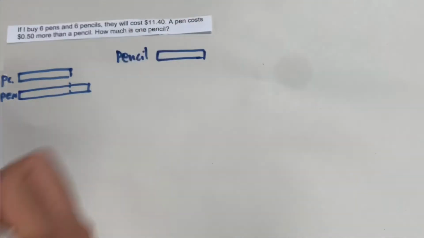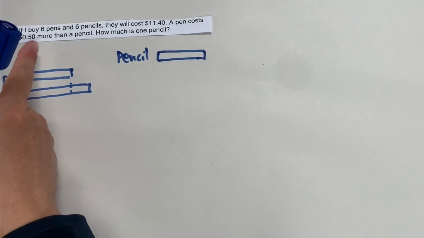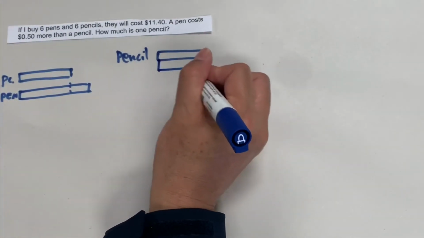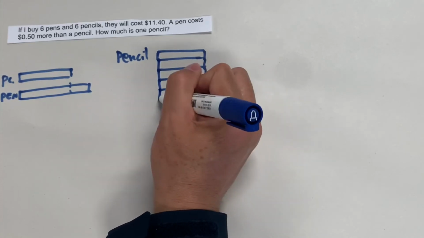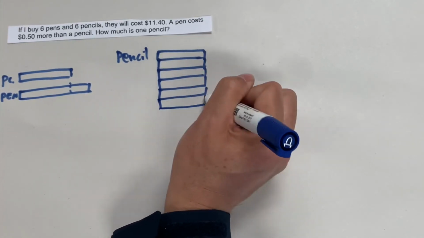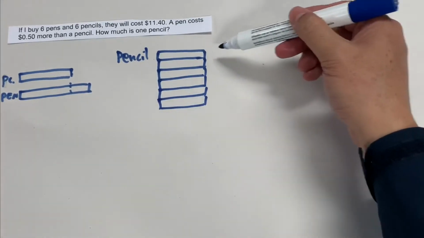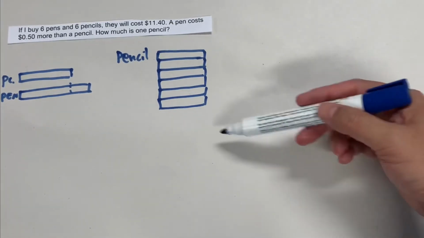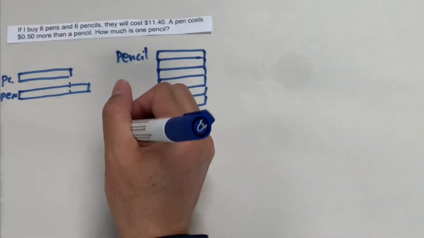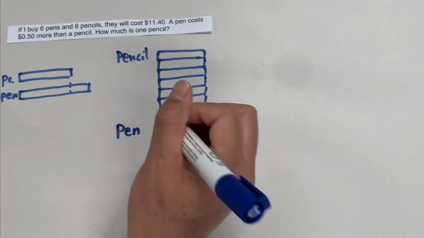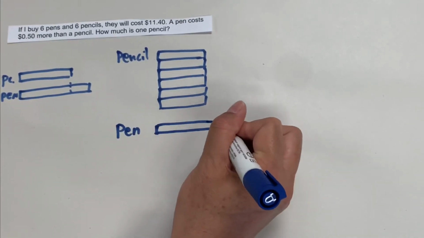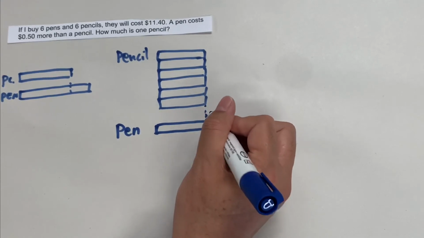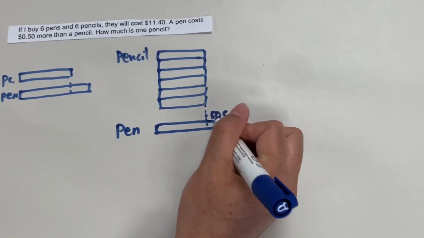How much are we going to pay? We're buying 6 of them. So like this. You can go this way, but it'll be a bit annoying, so I went this way. And also, pen is 50 cents more, right? 50 cents more.